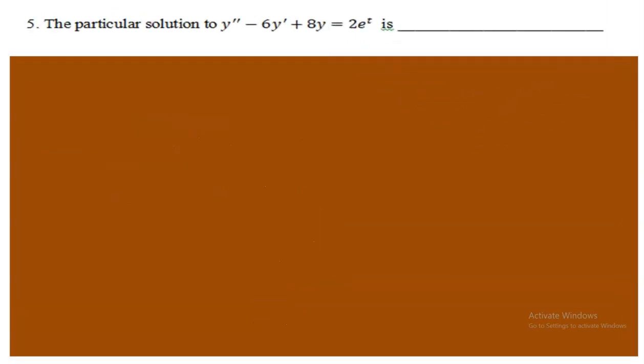Now comes the next question, the fifth one, and you are asked to find the particular solution of this one. In fact, this is a second order non-homogeneous differential equation with constant coefficients. So here we need to find the homogeneous solution and the particular solution, and then take the sum of the two finally. The solution proceeds in this way.